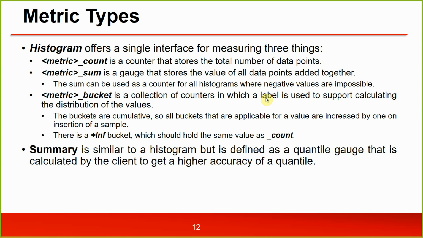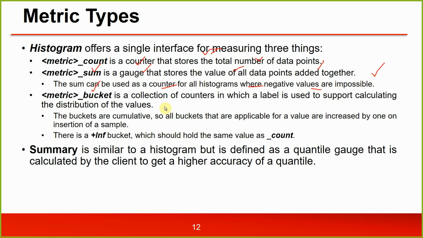Then we have histograms. A histogram offers a single interface for measuring three things. One is the metric name followed by count, that is metric name underscore count, a counter that stores the total number of data points. Sum is a gauge that stores the value of all data points added together. Sum can be used as a counter for all histograms where negative values are impossible.